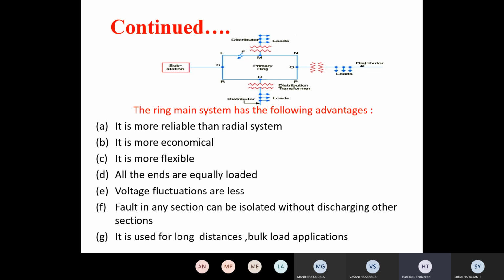After isolating the fault in between L and M, again we provide the regular power. So there is no cutting off of supply. It mainly provides the continuity of power supply. Whenever it provides continuity of supply, automatically the system is more reliable.